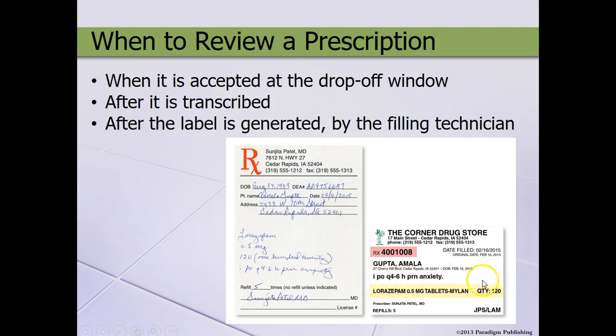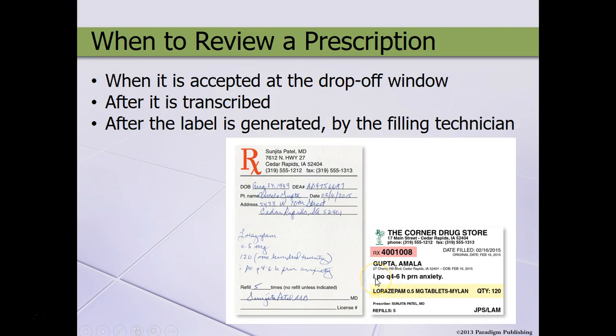Now, what I'm seeing here, do you notice what the challenge is? I hope that you identified the SIG code. A patient's not going to understand that. It has to be written in common language for them to understand. So this has to be transcribed, not translated, but transcribed.